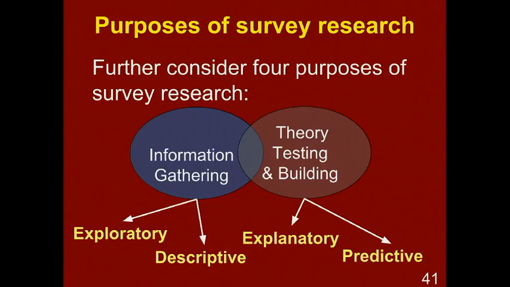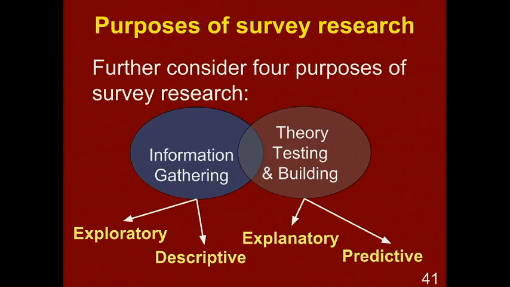So information gathering can be divided into exploratory, which is very early stage, and we're just trying to scope out a topic or an area and gather some information where there's a lack of any data at all. Descriptive is where we're a bit more systematic. We want to know how old people are, what their attitude is, or we want some systematic, but still just information, descriptive data.